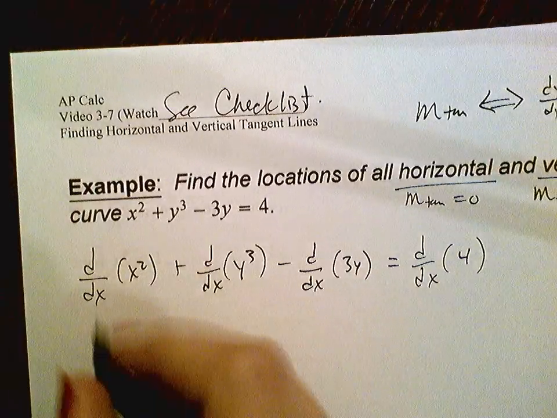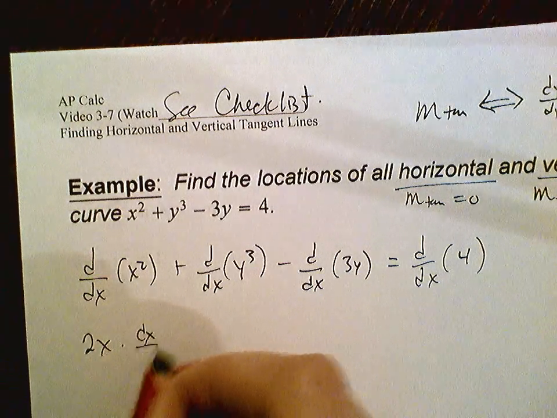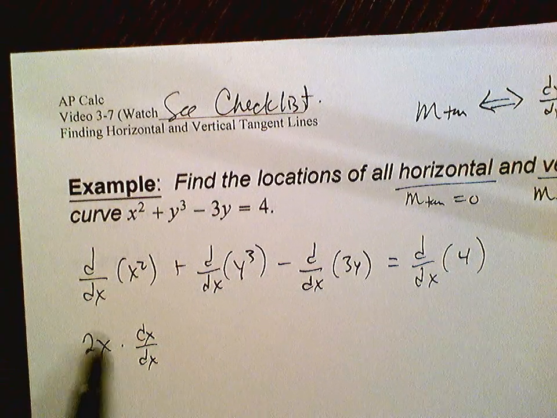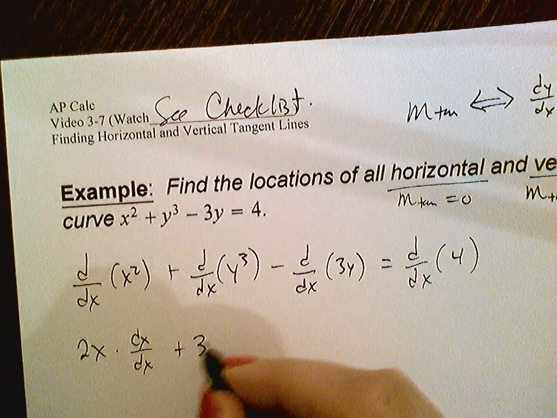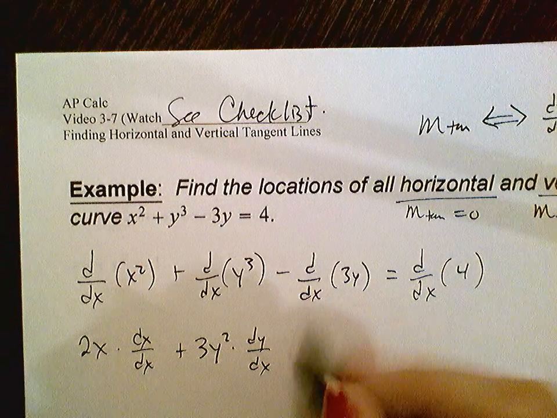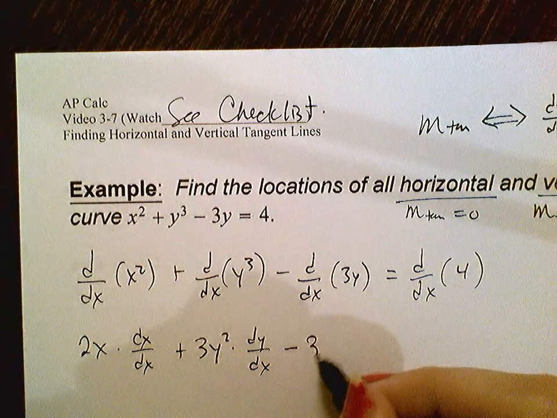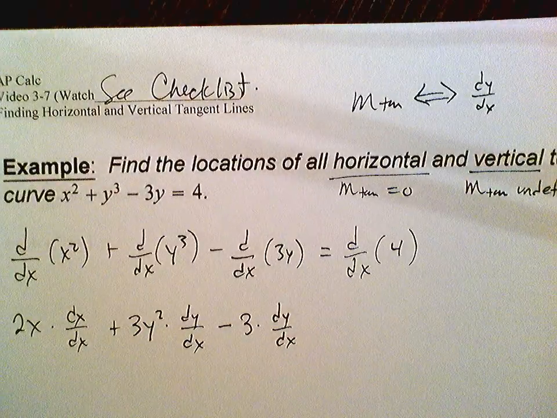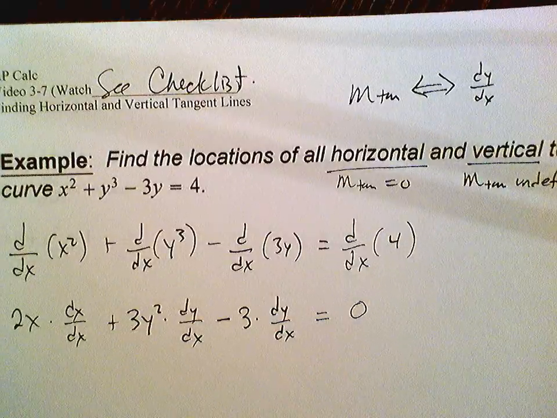All right, so the derivative of this is 2x times the derivative of the inside, dx dx, so chain rule: derivative of the outside times derivative of the inside, plus 3y squared dy dx minus the derivative of 3y, which is 3 times dy dx, equals the derivative of a constant, which is always 0.